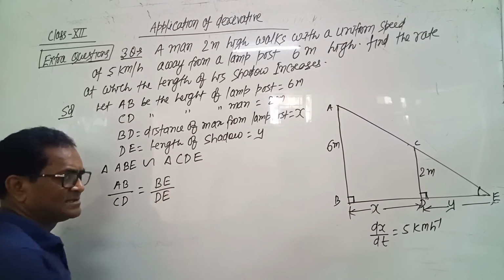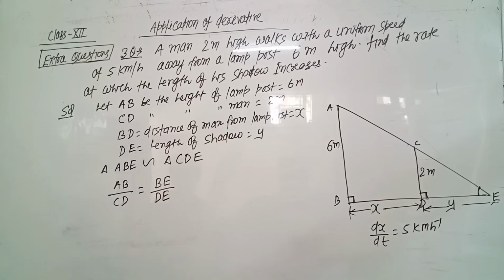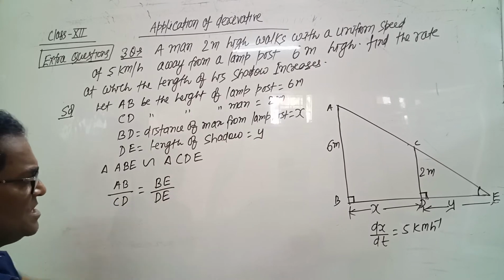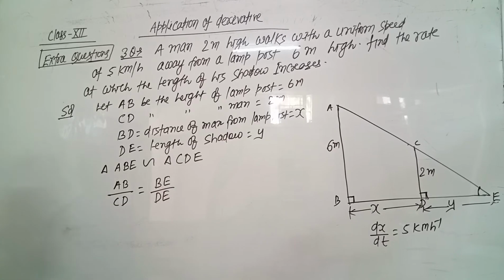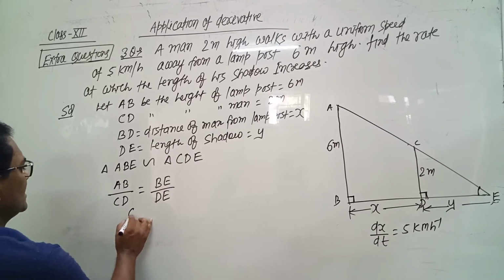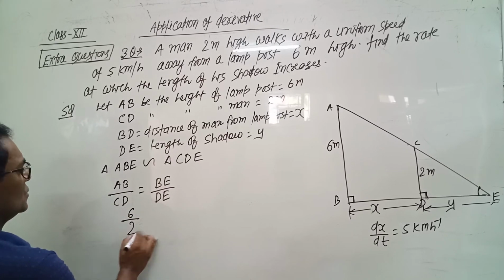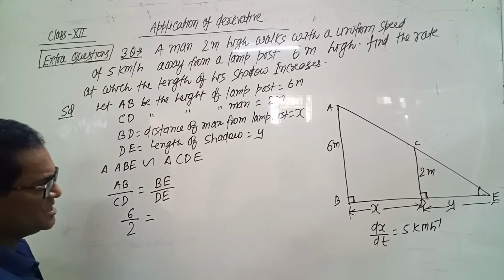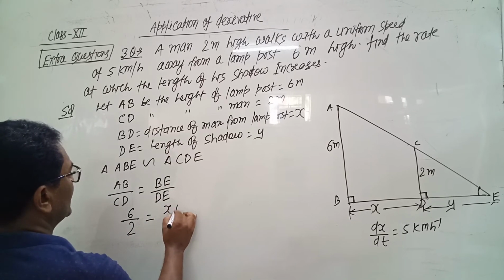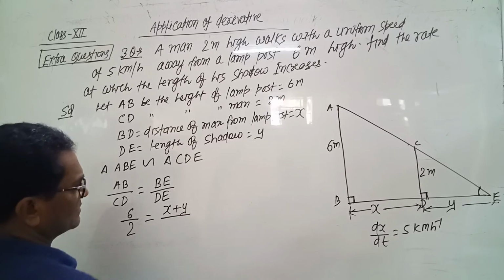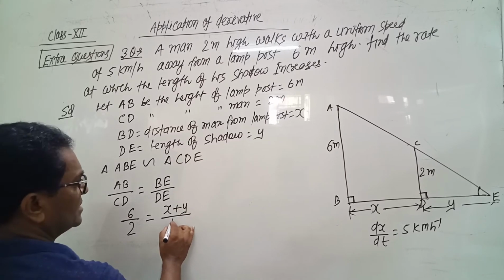Since two triangles are similar, therefore their sides must be in proportion. So AB upon CD equals BE upon DE. Now put these values. AB is 6, CD is 2. The value of BE is X plus Y, and the value of DE is Y.